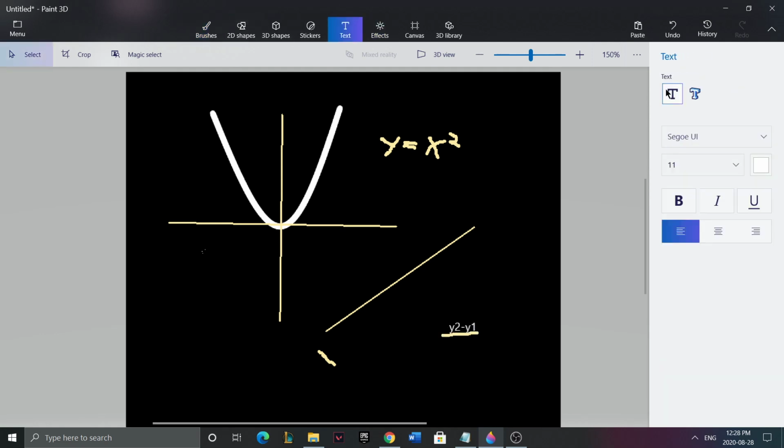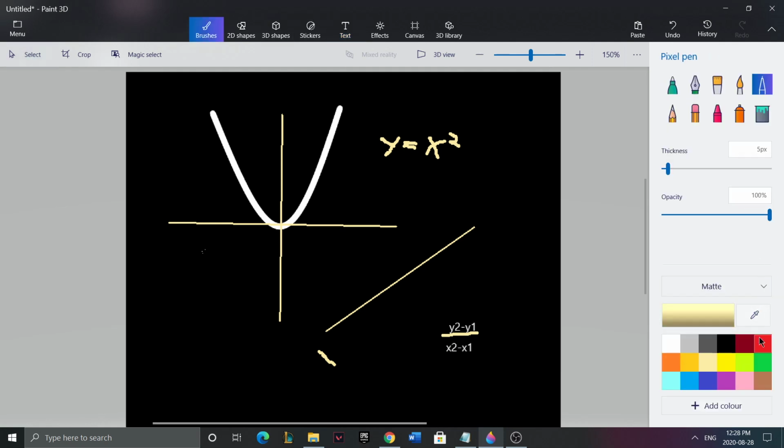What this formula is asking you is to just choose two points on the graph, let's say right here and right here. Each point has two numbers. You would just plug those values into this formula, and you'd get m, which is your slope. But this is a very straightforward example because it's just a straight line.